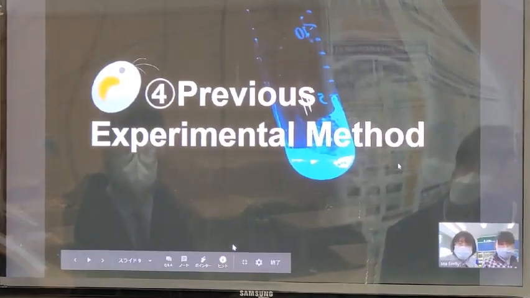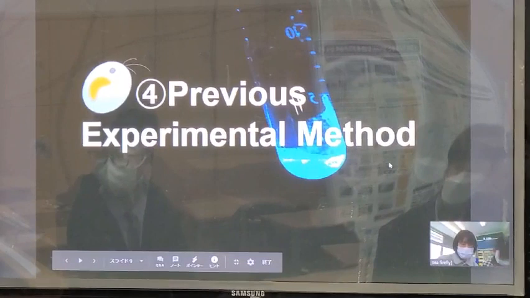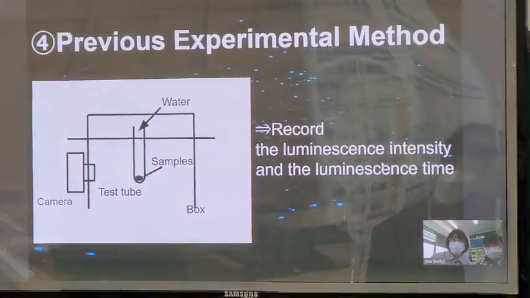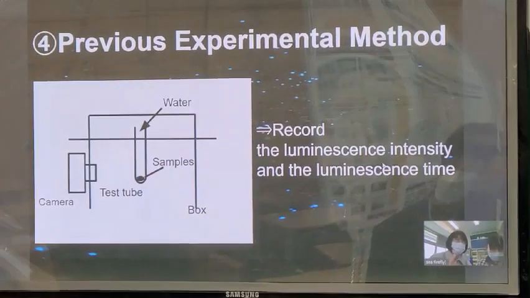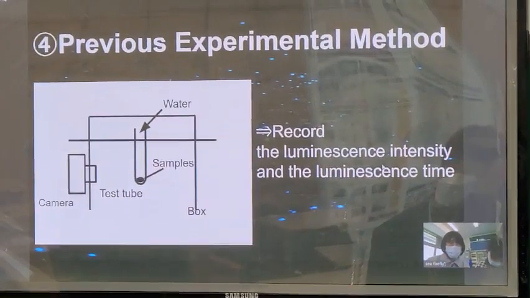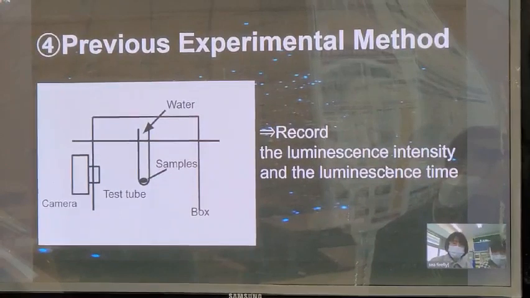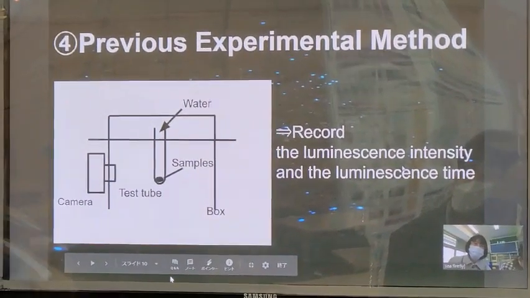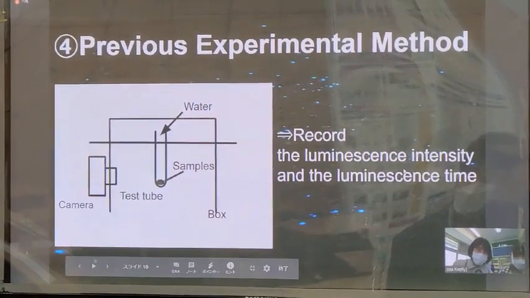Next, we'll explain the previous experimental method. First, we made dried body Huygendorf and used it as a sample. And this is our experimental equipment.